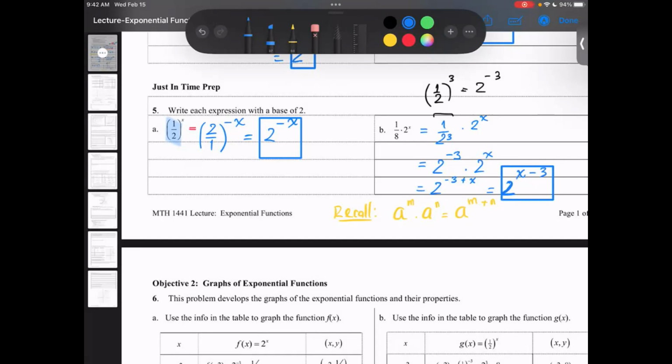Be careful. a to the m times a to the n is different from a to the m to the power n. In that case, you multiply the powers together. Notice that when you have two of the same base, you add the exponents. If you have one base and two exponents on top, you multiply the exponents. So be careful.